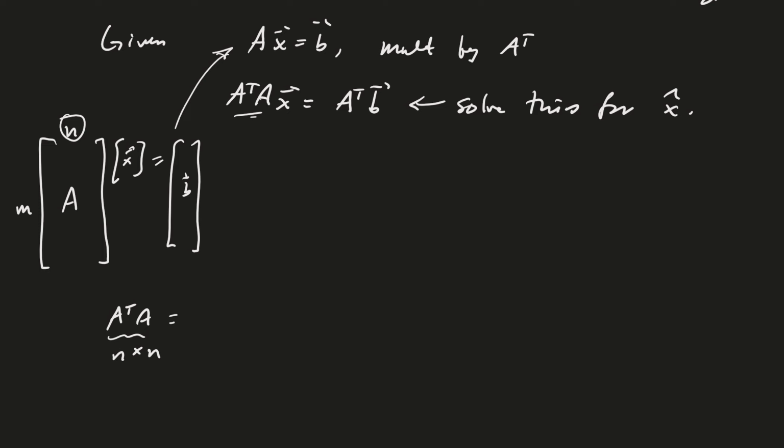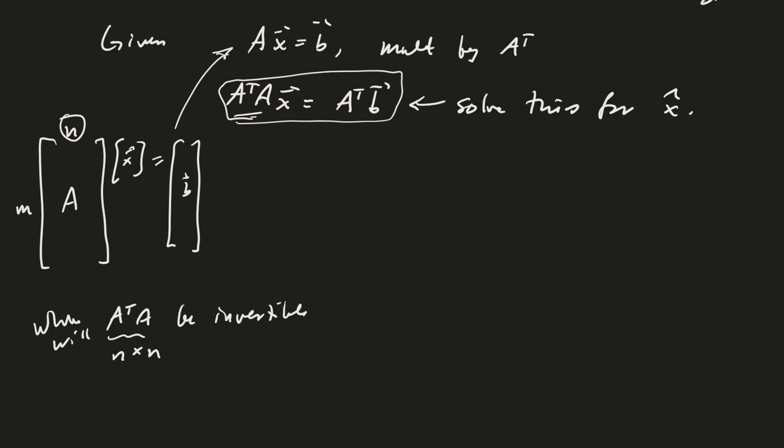Okay, and so when we're solving this, we're asking the question, when will A transpose A be invertible? And we had talked about that. Basically, the upshot is that A transpose A is invertible if the rank of A equals n.